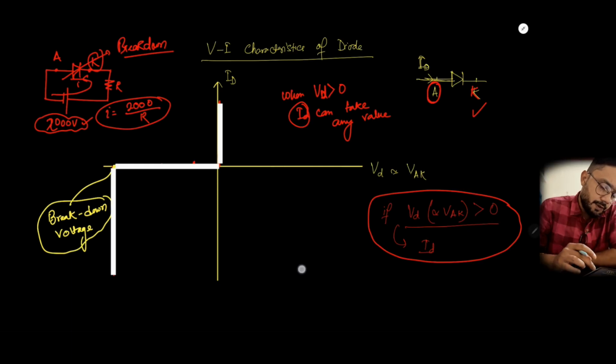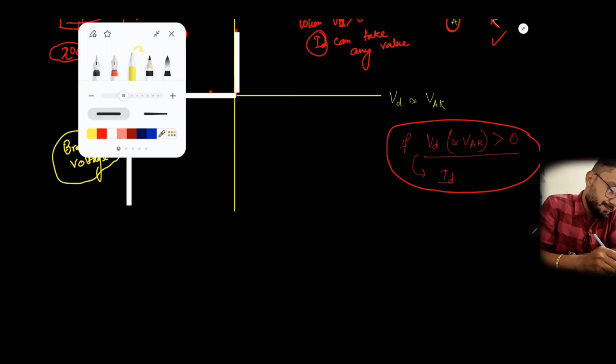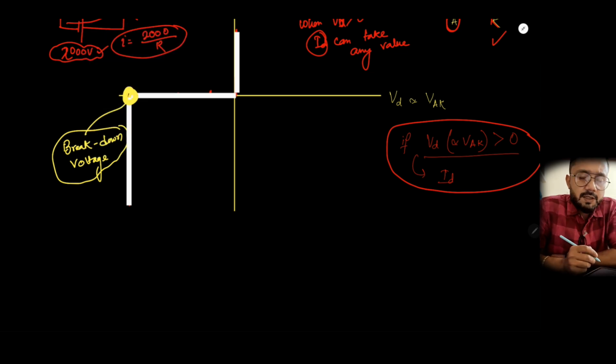Now you might have a question in your mind, what is the typical value of this breakdown voltage. So see, the diode is a semiconductor device. Basically, two types of materials are used, silicon or germanium.